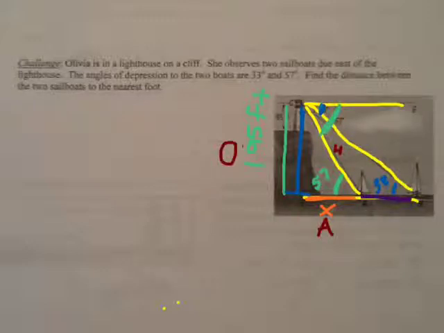So if we look at SOHCAHTOA, the one with an O and the A is tangent. So we do the tangent of our angle 57 is equal to the opposite 195 over the adjacent X. Go ahead, cross multiply.